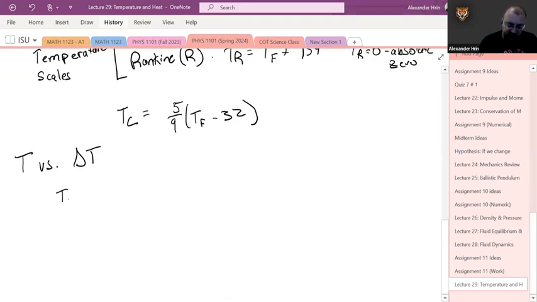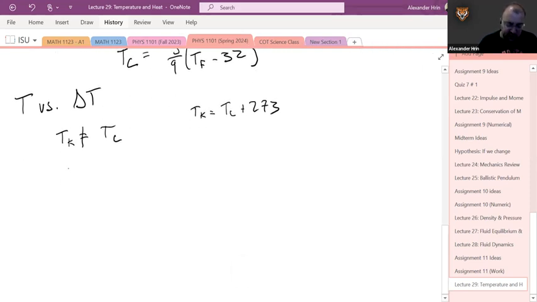So the main thing is that we know our Kelvin is not equal to our Celsius temperature, but because T Kelvin is equal to T Celsius plus 273, we can say that our delta T in Kelvin will equal our delta T in Celsius.